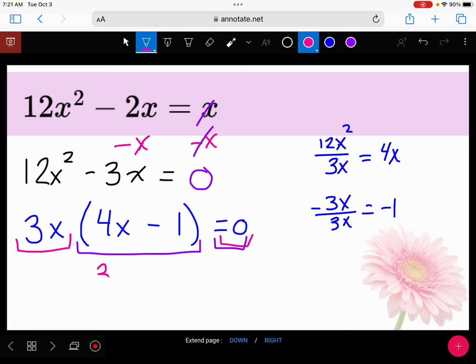We want to know when 3x equals 0. And we want to know when 4x, that should be purple, 4x minus 1 equals 0. These are where we find our solutions.